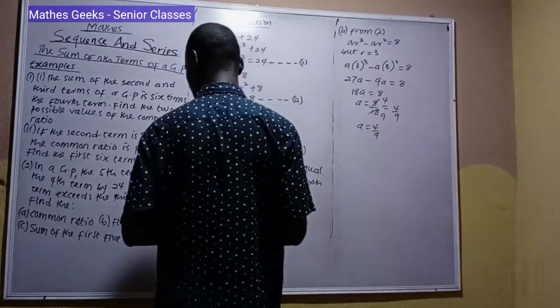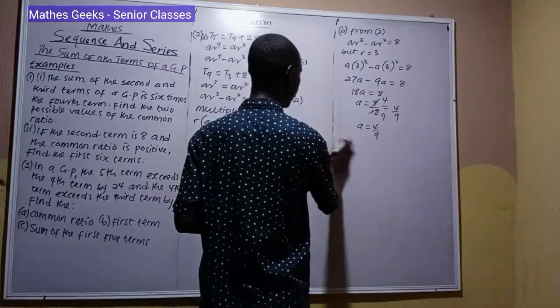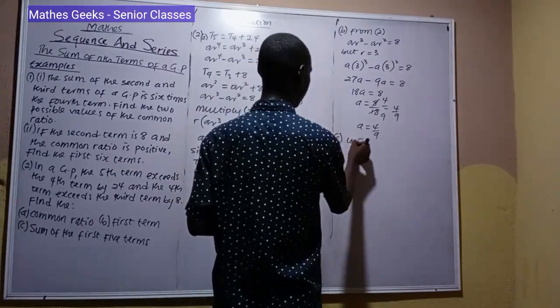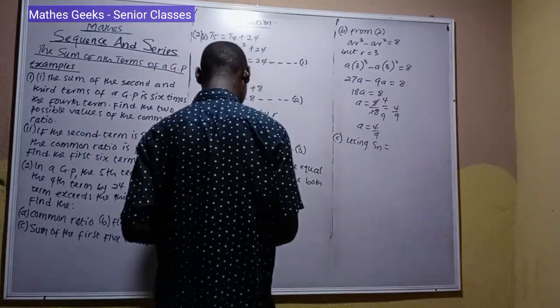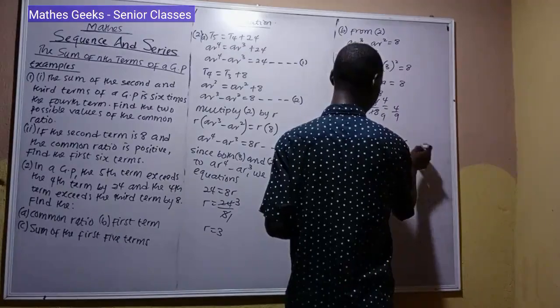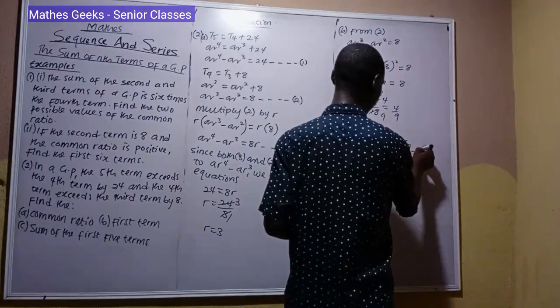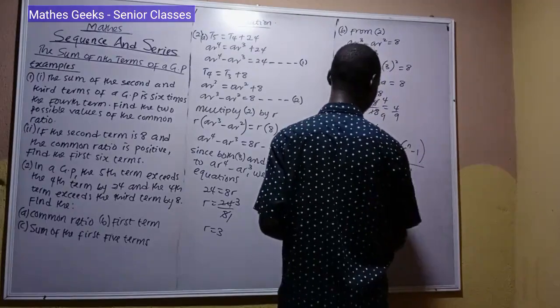Then C says sum of the first 5 terms. Using Sn, since our common ratio is greater than 1, using Sn equals A times r to the n minus 1 over r minus 1.